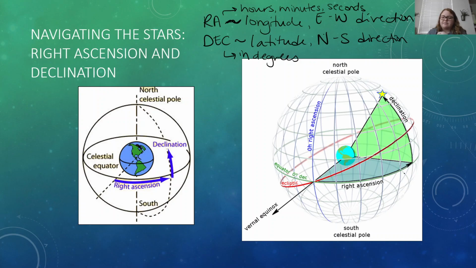But this would be some amount of hours, and then we'd go up in declination. That would be like 15, 30, 45, a little above 45 degrees, and that would be the declination of that star. So you would say the star is at, and then you'd give the right ascension and the declination.